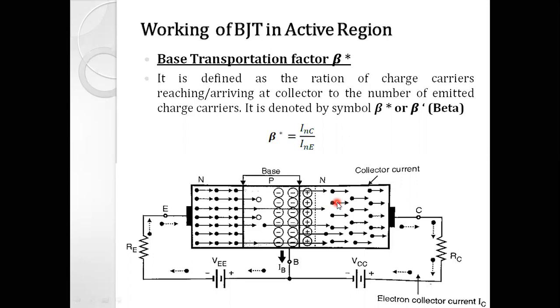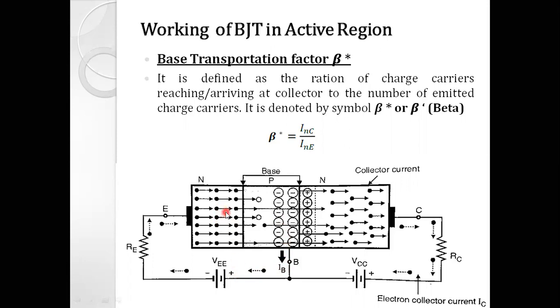Whatever majority carriers arrived at the collector region constitute the collector current IC, and after a short period of time, the recombination of the electron holes breaks due to the positive biasing of the base terminal, and those 5 electrons pass through the base region and the base terminal, and go to the VEE source.